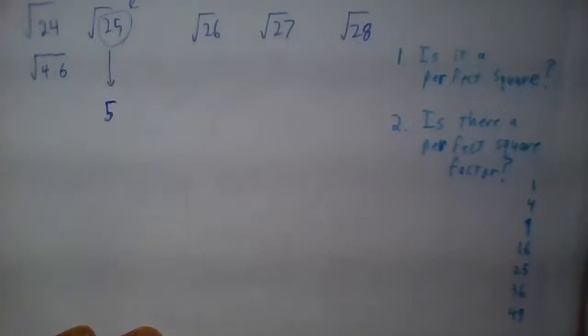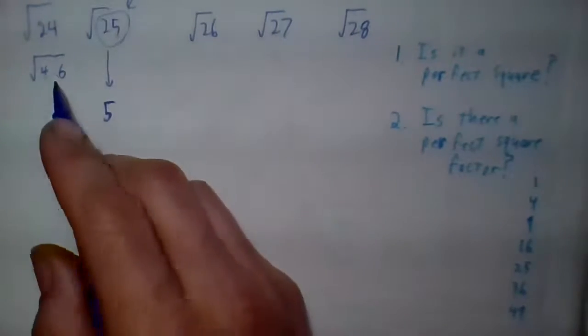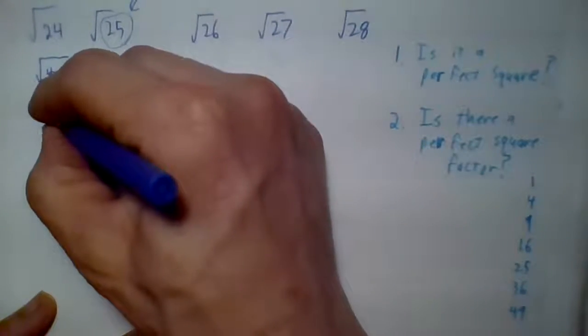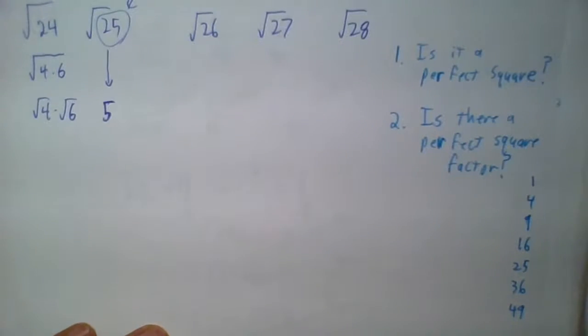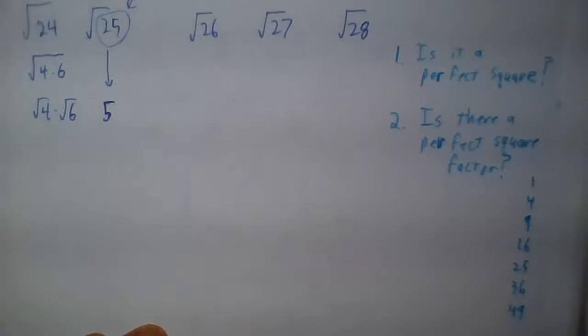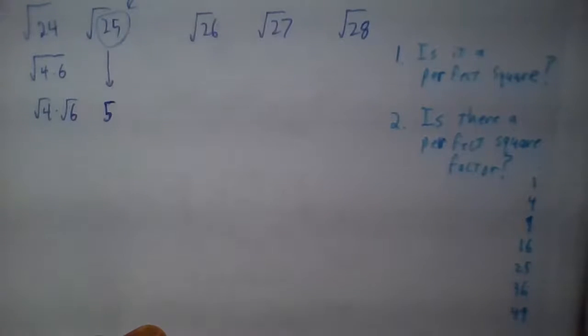The big idea on this is if I have multiplication inside there, I can write it separately. It's not obvious that the square root of 4 times 6 is the same as the square root of 4 times the square root of 6, but it's true. That's the property that we have for exponents and radicals. If it's multiplying and dividing, you can do it separately. That's how we're going to take care of this.